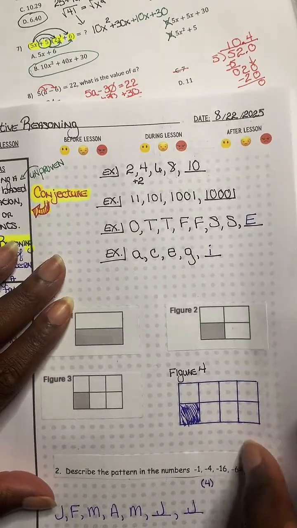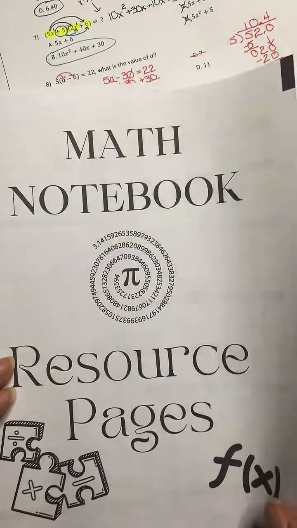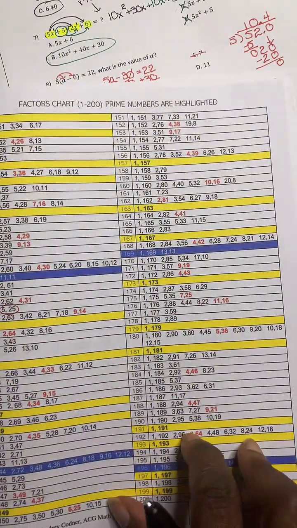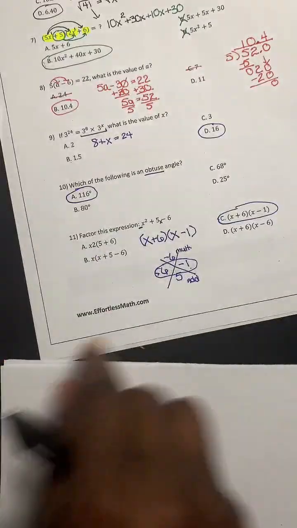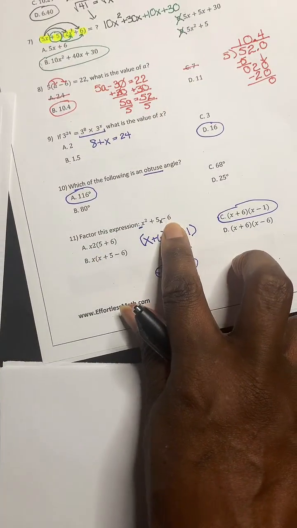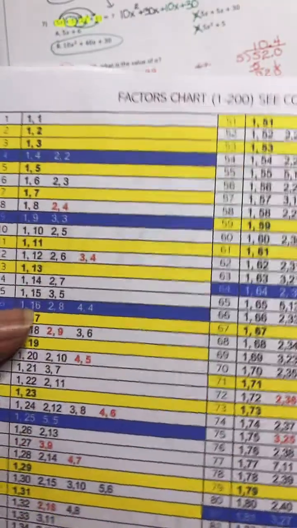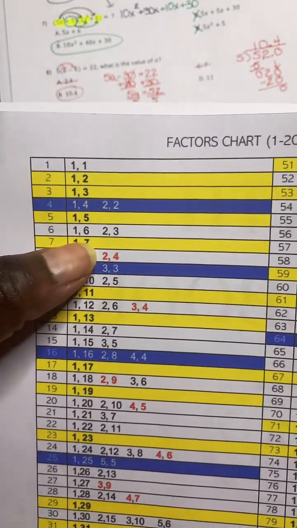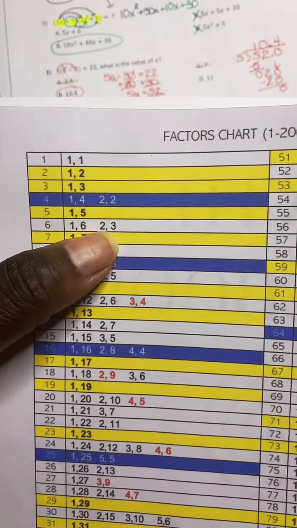In addition to this, I have what's called a resource page. One of the resources that I have here is a factor sheet. So if it was tough for you to factor a negative 6, I'm going to come here and take a look at 6. My factors of 6 are 1 and 6, and 2 and 3.